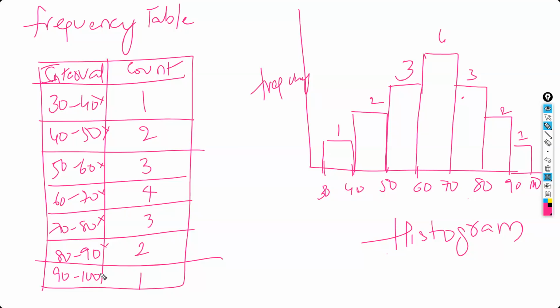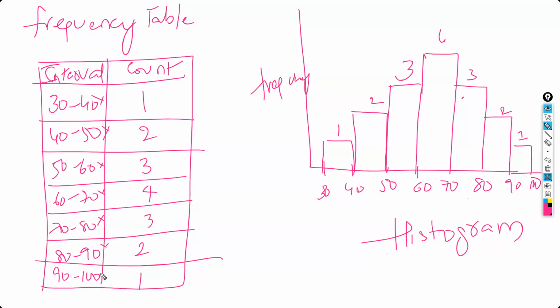Continuous values include decimals also. So let us go with 30 to 39.9, 40 to 49.9. If you have 39.999, then 30 to 39.999, 40 to 49.999.